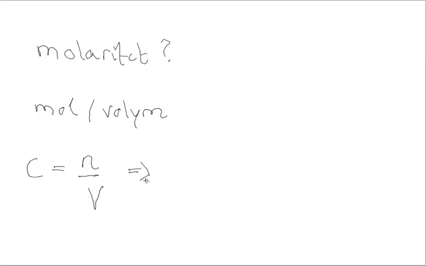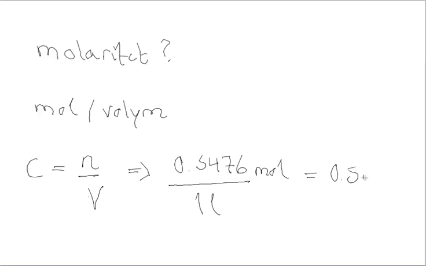And we already calculated how many moles we have. We have 0.5476, and we have dissolved it in 1 liter of water, so the volume is 1 liter. And then the concentration, the molarity, will be 0.55 mole per liter.